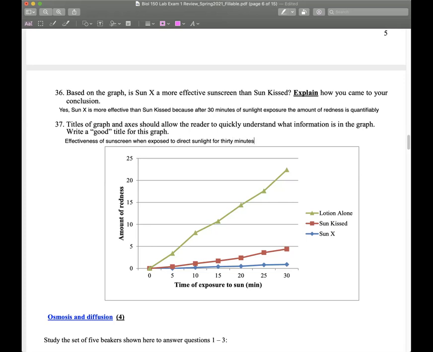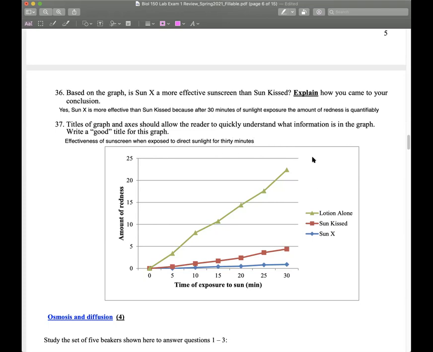Yeah, so your title should always tell the reader exactly what they're going to see in your graph. A good way to start off is to mention how these two variables are related to each other, so it could be effectiveness of sunscreen demonstrated by amount of redness over time, or something like that. Or the effectiveness of different chemicals when exposed to direct sunlight for 30 minutes.